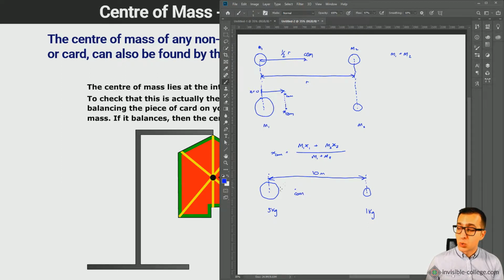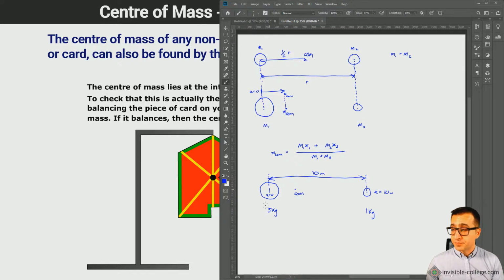And we need to define our coordinate system. Since this is the larger of the two bodies, let's say that this position here on our horizontal x-axis is at position x equals 0. Then this second mass of 1 kilogram has an x of 10 meters, relative to the position of the center of mass of the first object.